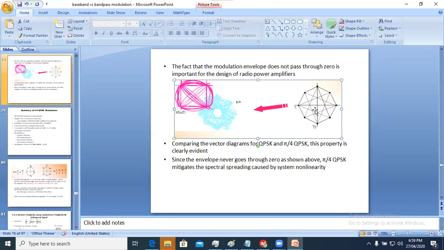So this is helpful for radio power amplifiers.